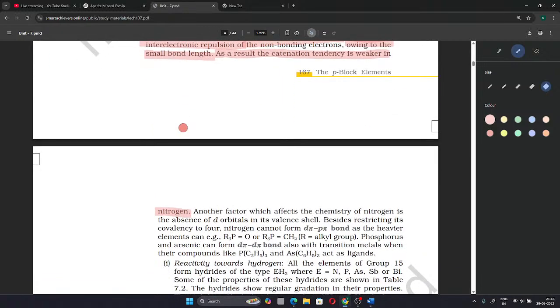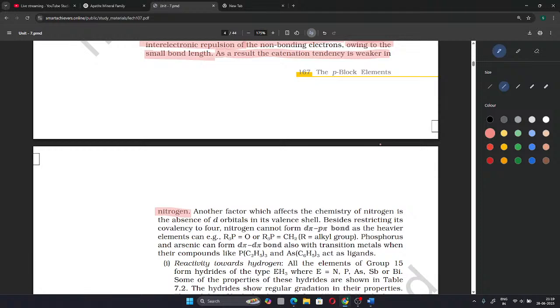Catenation is the ability of atoms or elements to form long chains. If the N-N bond is itself weaker, this property of making long chains is also reduced. In carbon, we see huge chains of heptane, octane, or decane formed, and other complex organic compounds.